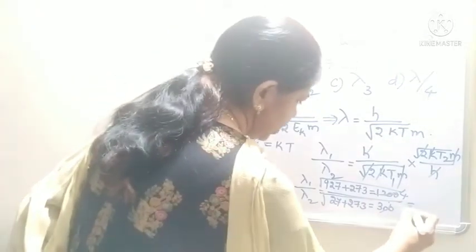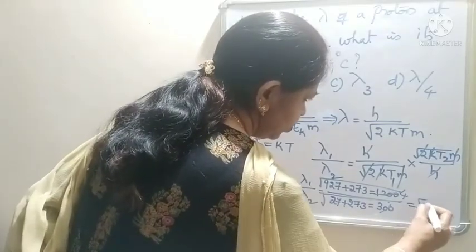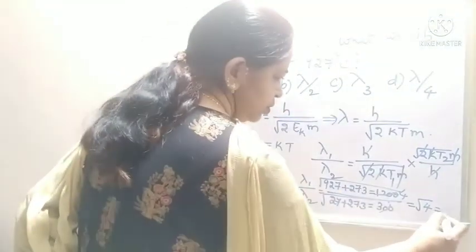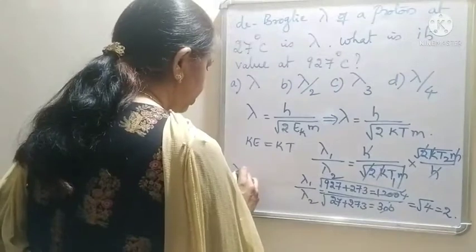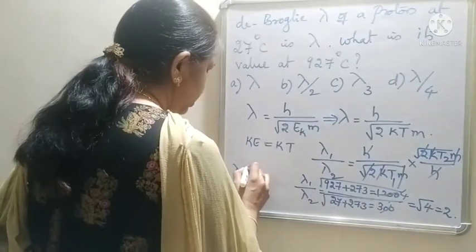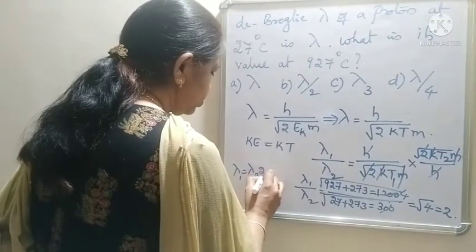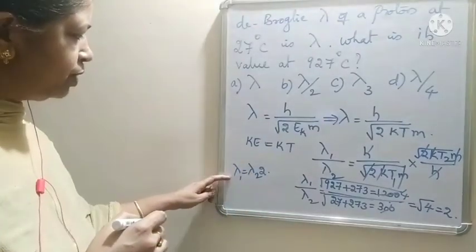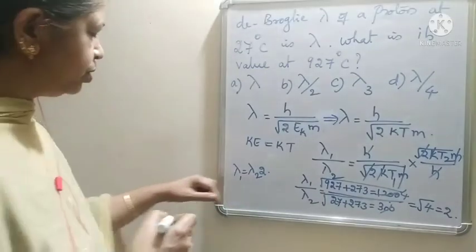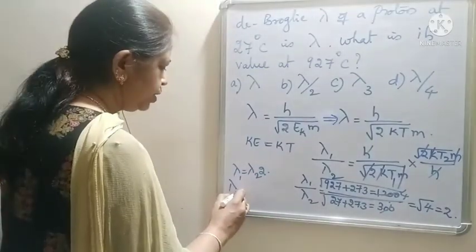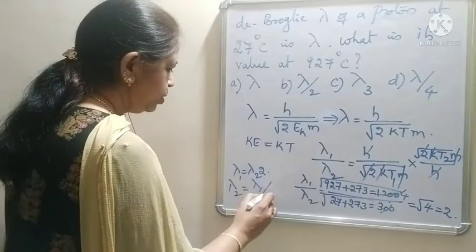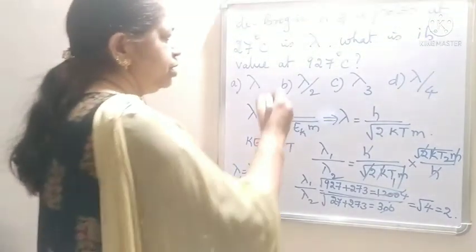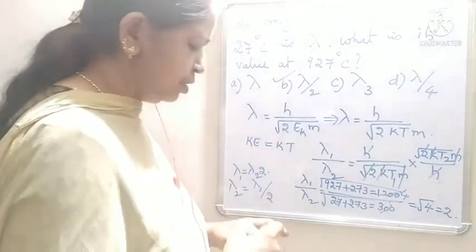Under root, lambda 1 by lambda 2 is equal to root of 4, which is equal to 2. Therefore, lambda 1 is equal to lambda 2 into 2, or lambda 2 is equal to lambda 1 by 2. This is the answer for this question. B is the correct option.